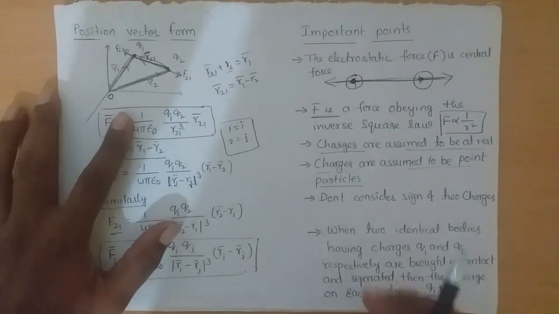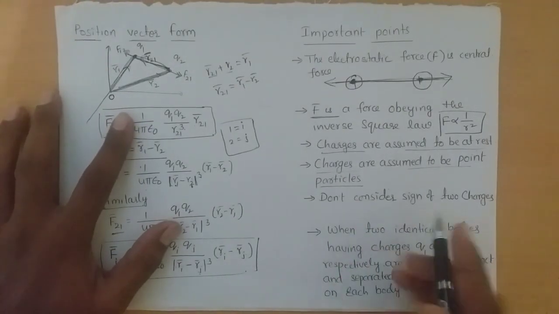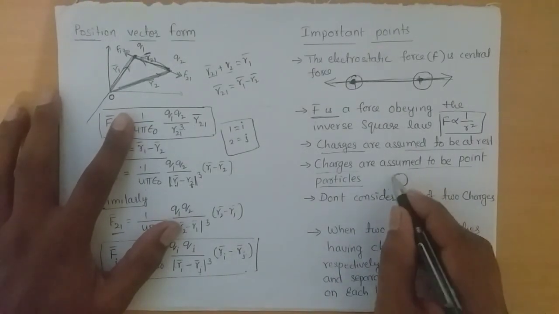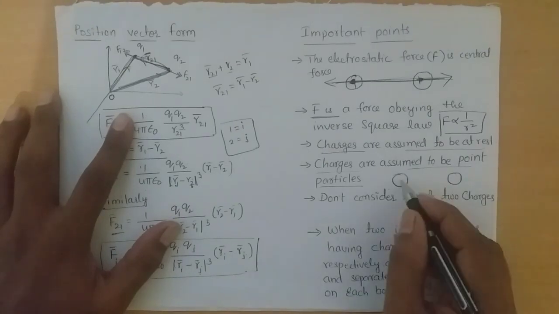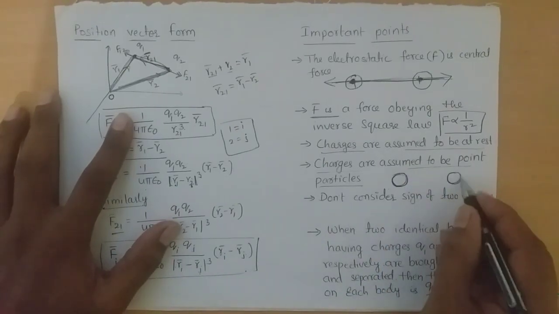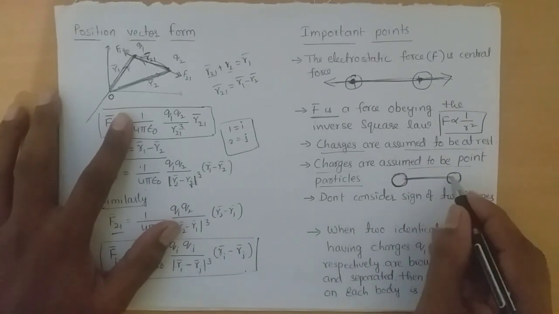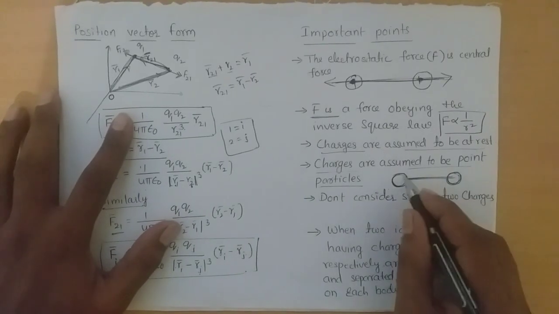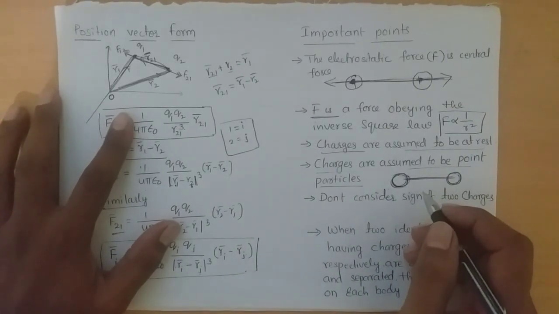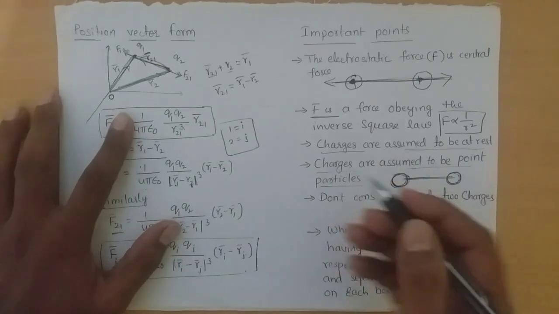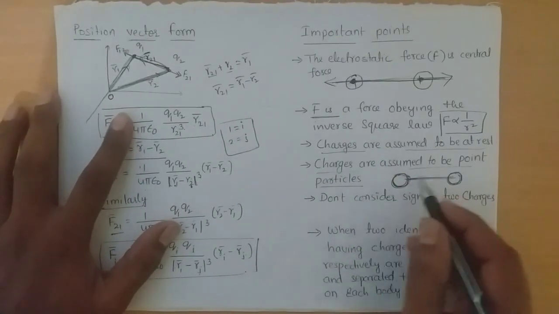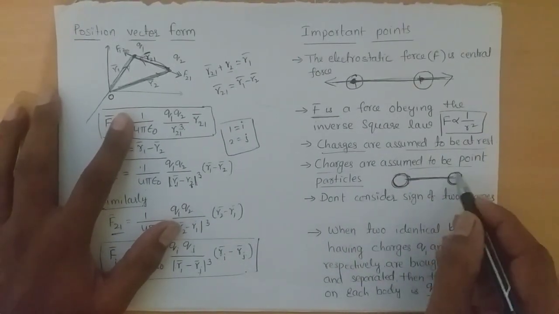Point size means that compared with the size of the charges, the distance between the charges is much more, and then these charges are considered point charges. So Coulomb's law is applicable only to point particles.